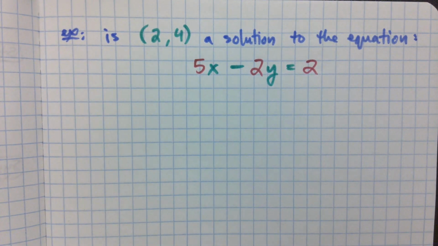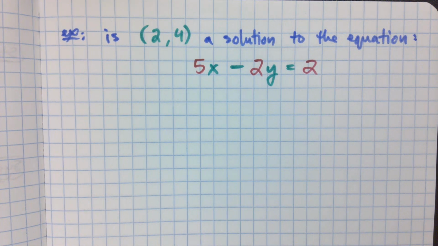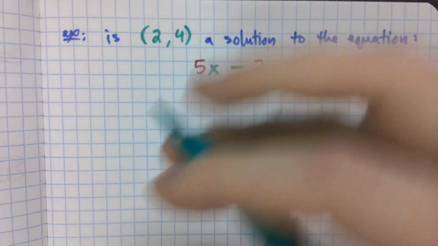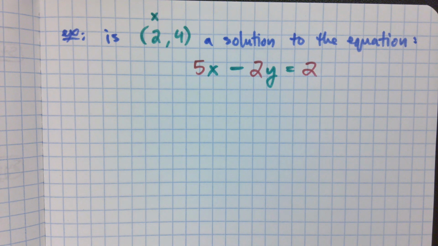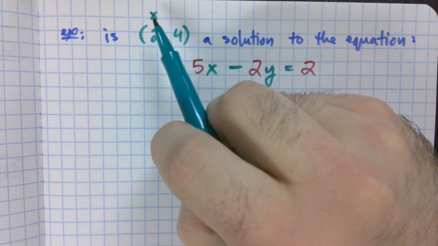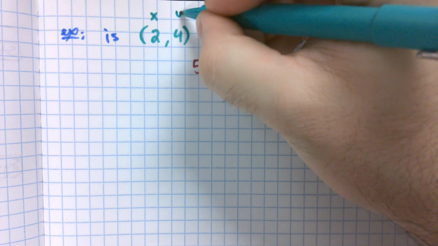So in this ordered pair of (2, 4), which number is my x coordinate? 2 or 4? 2? How do we know that 2 is my x coordinate? Because it goes first, right? If you sing the alphabet to yourself in your head, you're going to get to x before you get to y.